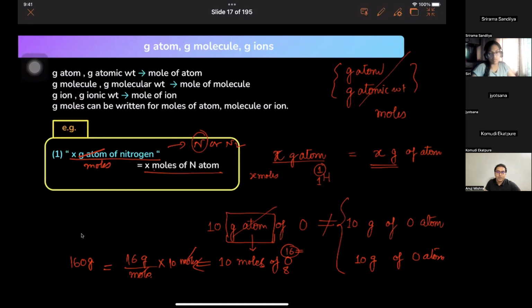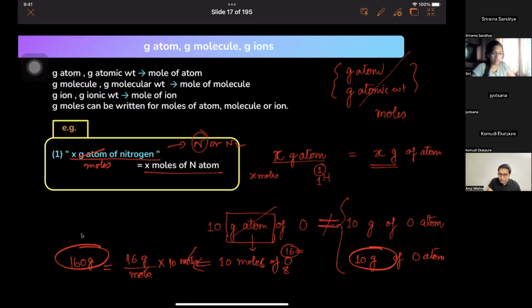As per the definition, 1 mole is 16 grams. So 10 mole is how many grams? 160 grams. Clear? That's why we wanted to differentiate these two things, that these two are not the same. So 10 gram of O atom is 10 gram, whereas 10 gram atoms of oxygen is 160 grams. Hence, these are not equal.